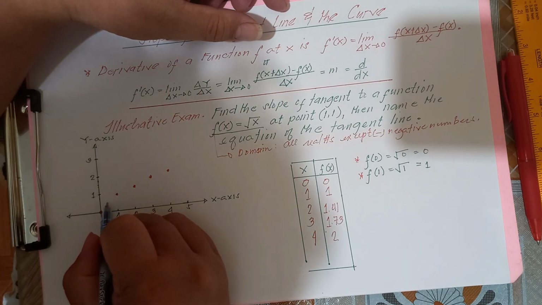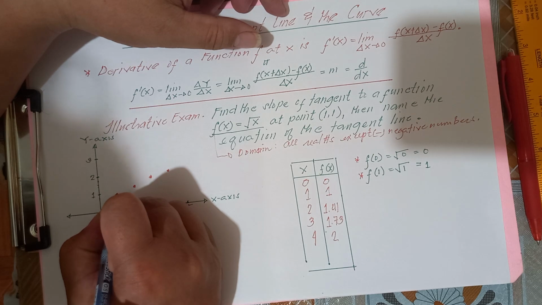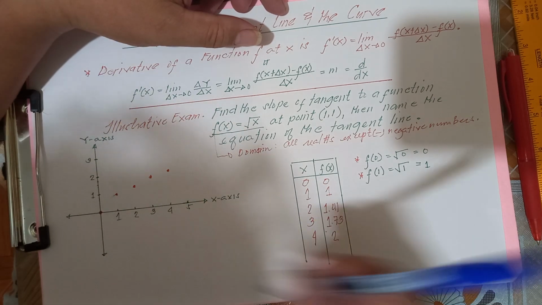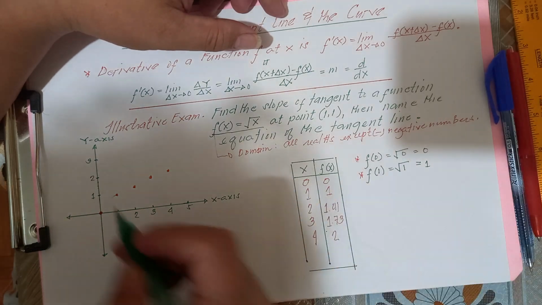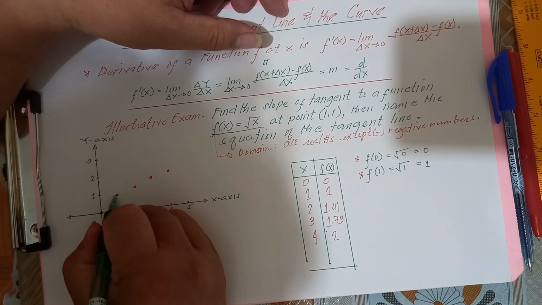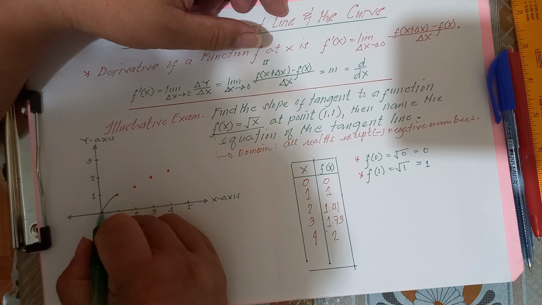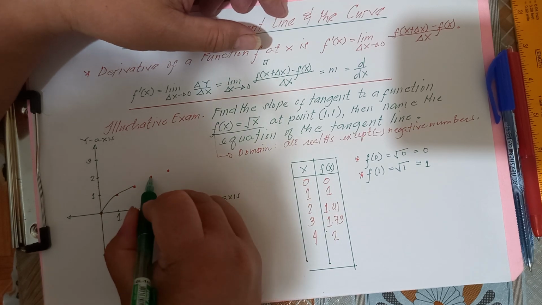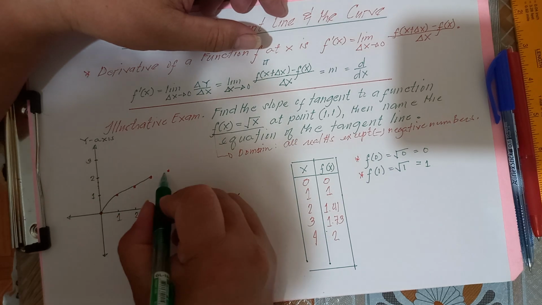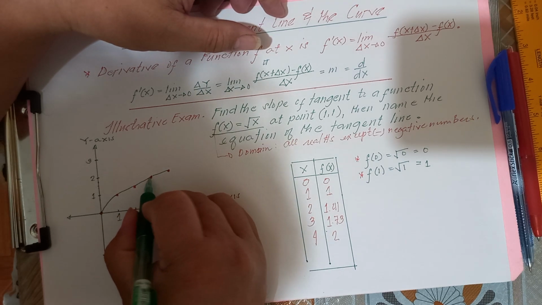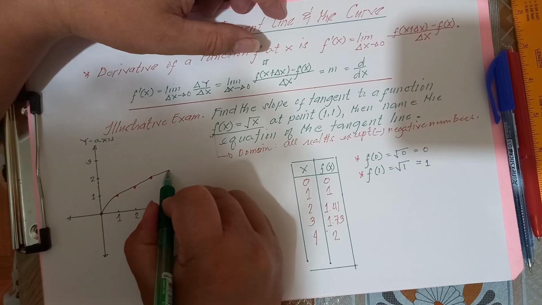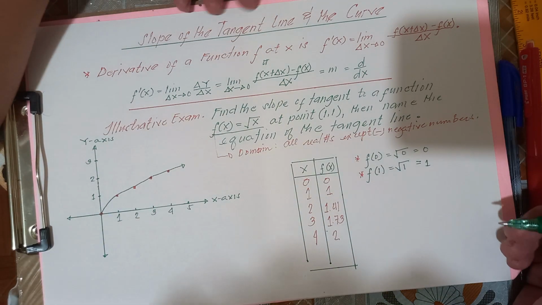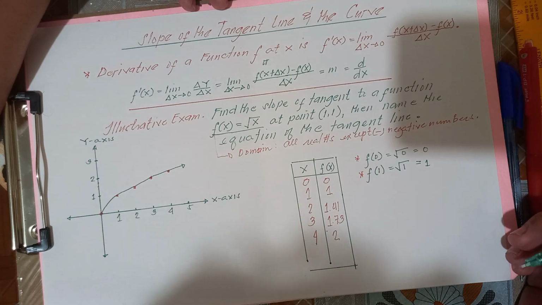I will make use of a blue ball pen, or still green. We'll still make use of green. So that is the graph that we will be having.